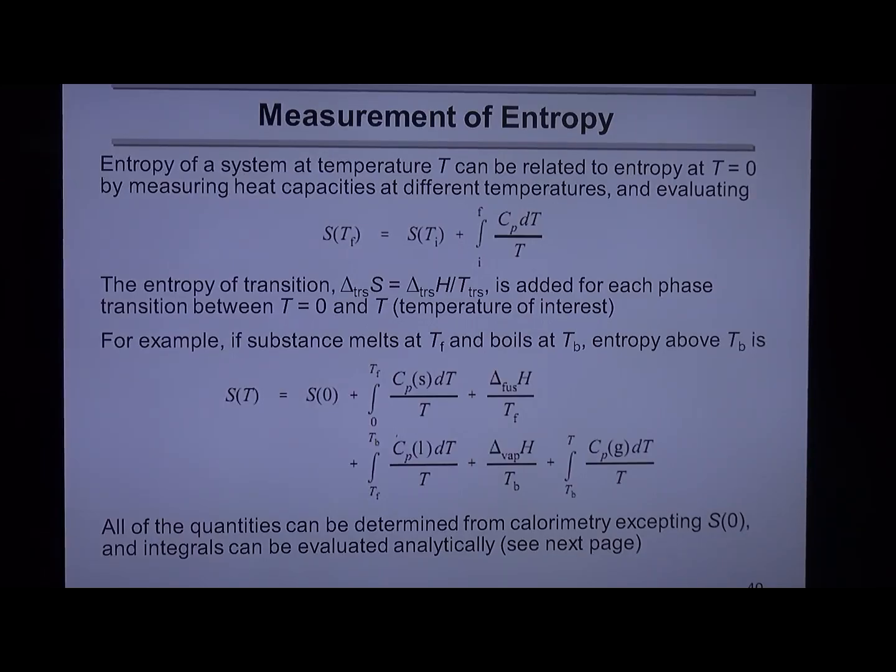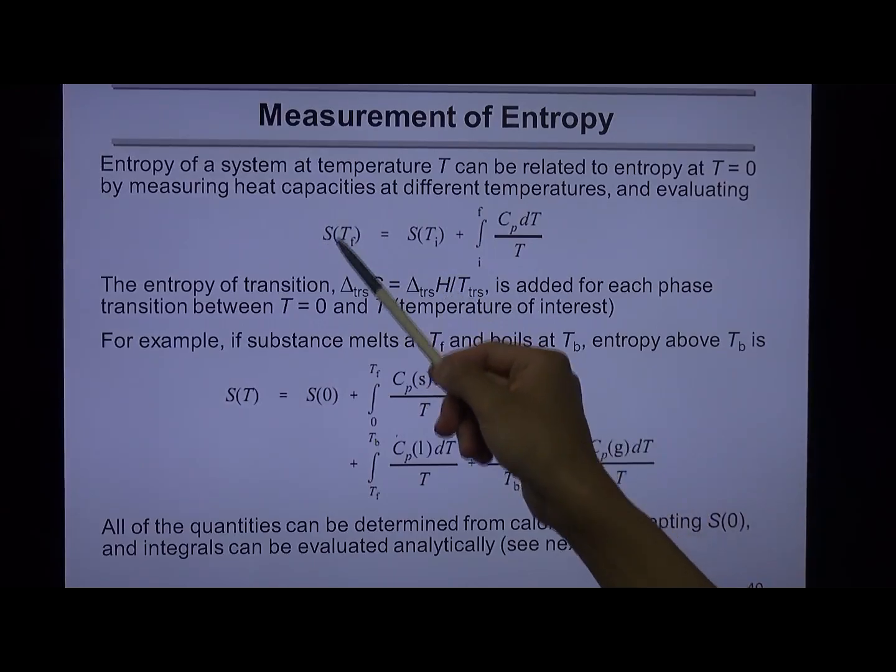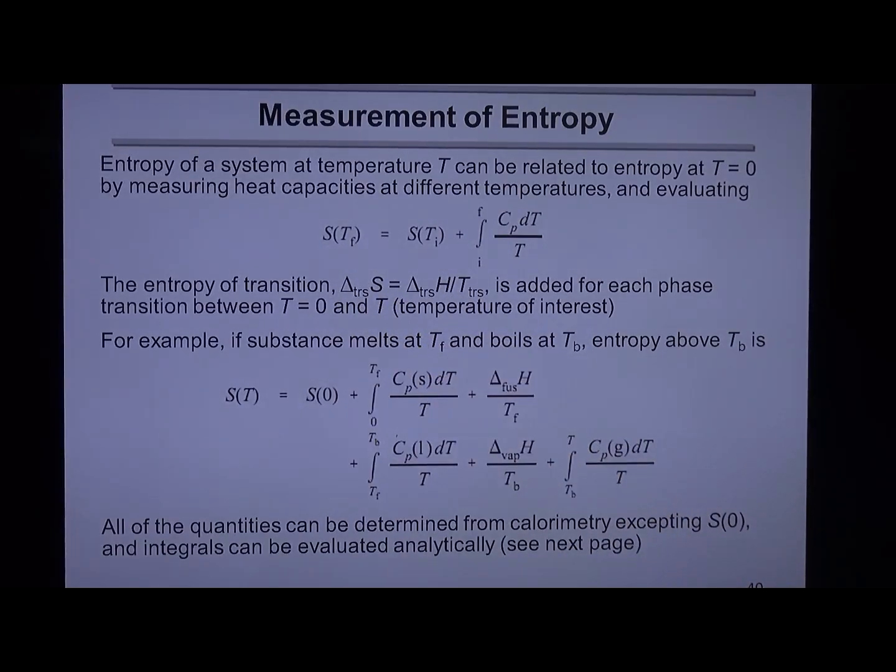Measurement of entropy. So now we know how to calculate entropy as a function of temperature. So what if we want to define entropy S at a specific temperature T?